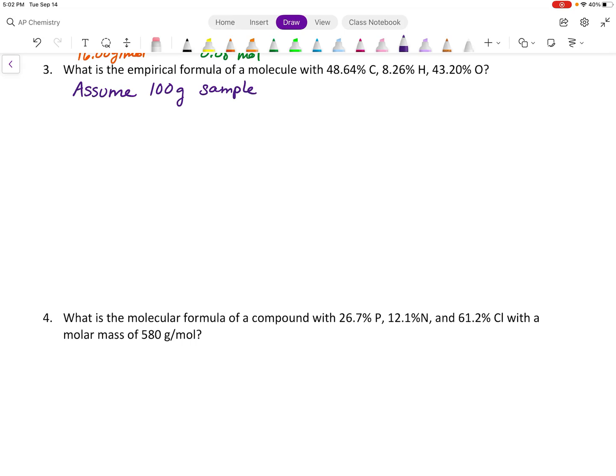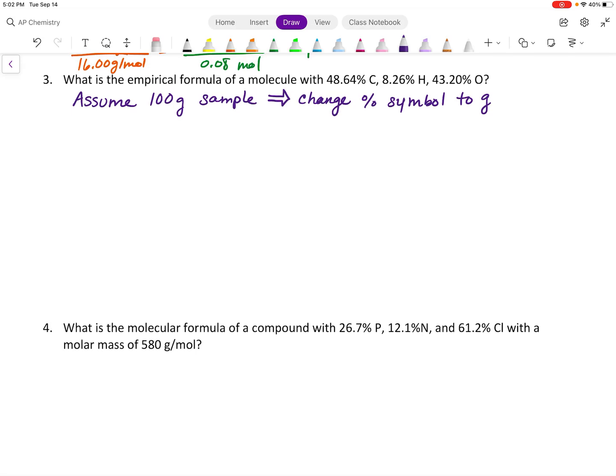And so we're going to go ahead and just change the percent symbol to grams. Okay, you don't need to do any sort of math. We're just going to make this grams for each one of these.